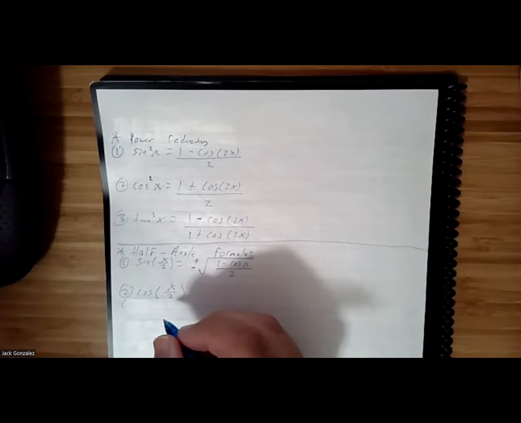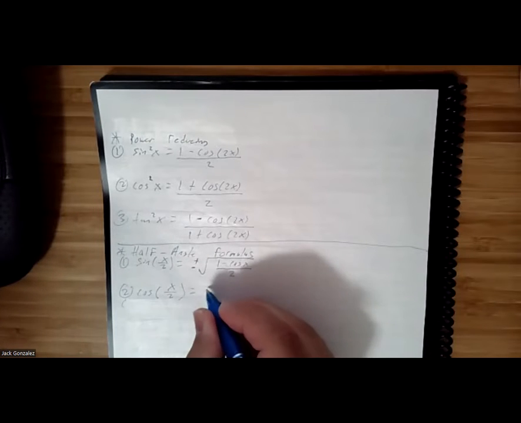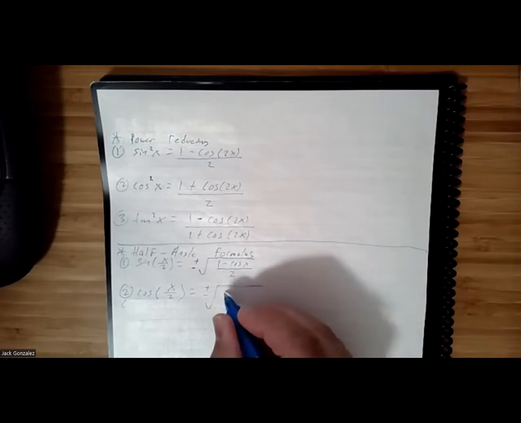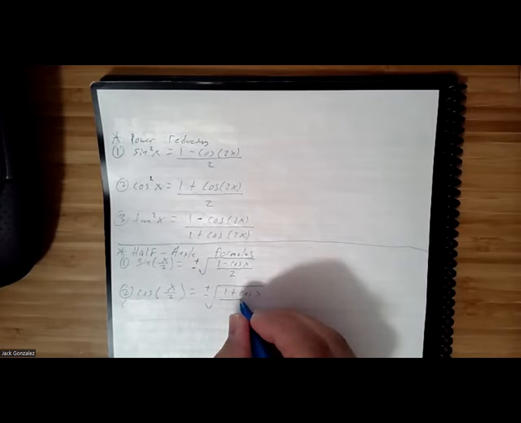That's going to be plus or minus as well. So here you're gonna have to keep track of what quadrant your original angle is, but also the half angle, because this could be in a different quadrant compared to this one.